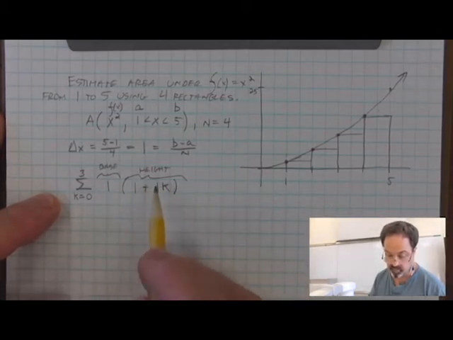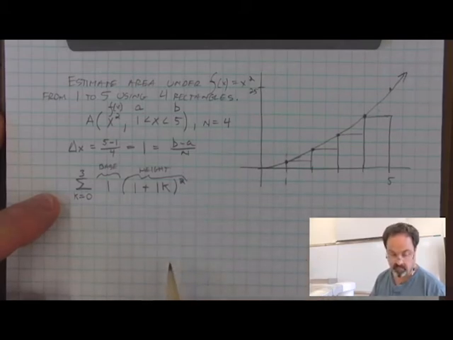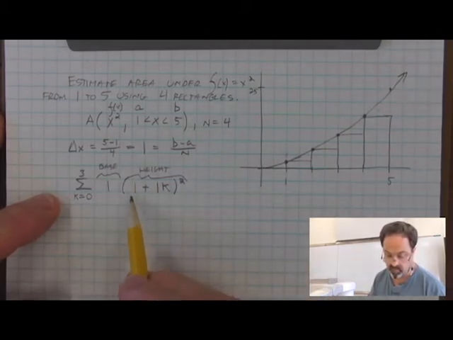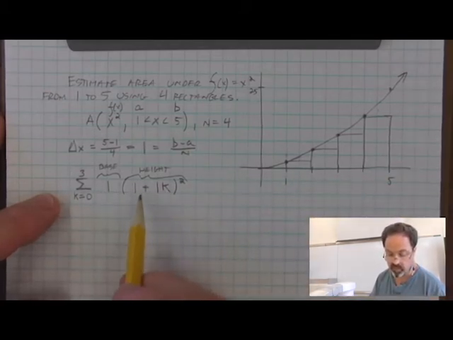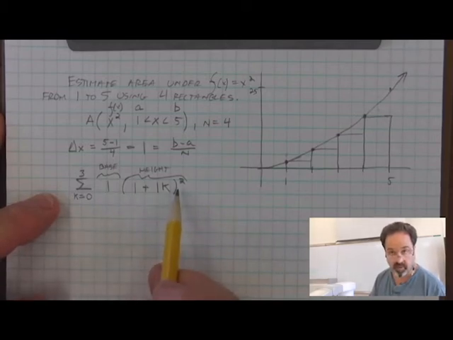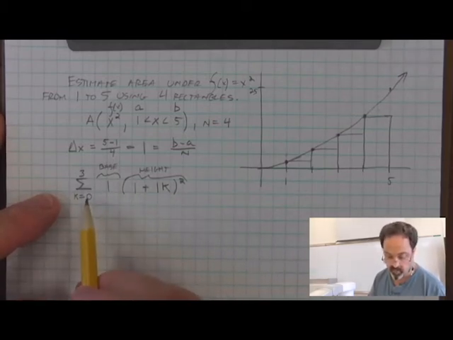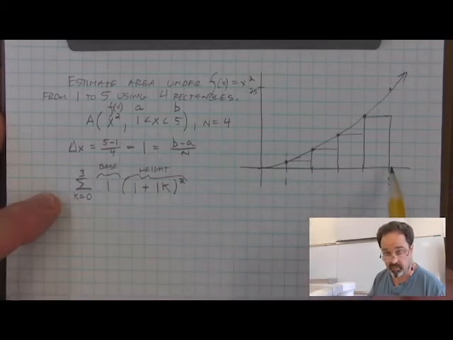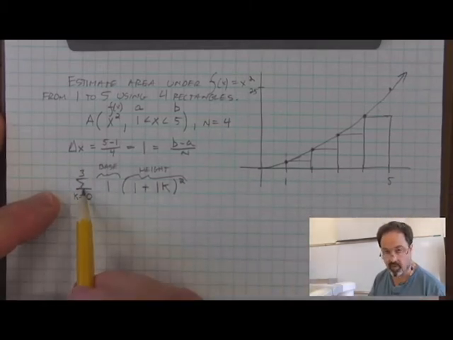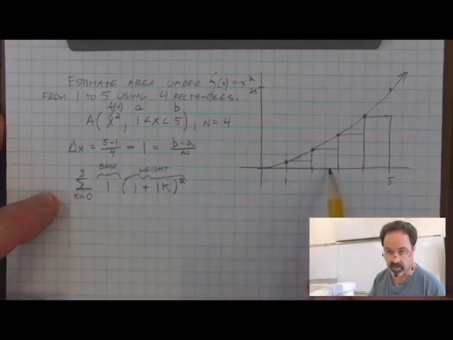So if we have this input, I square it afterwards to determine the height at every location. And then when we multiply these, we get the rectangle areas. And then when we do that for every integer in the index, we get all of the rectangle areas, and we add them all up to produce the estimate.